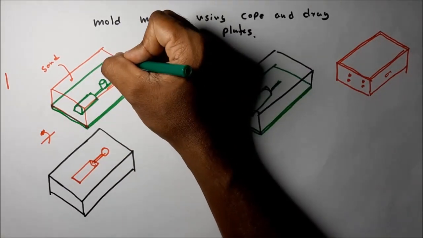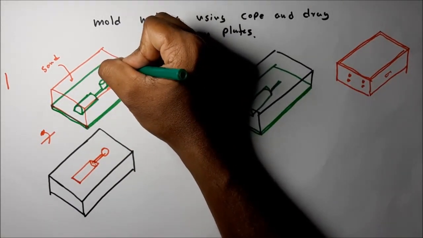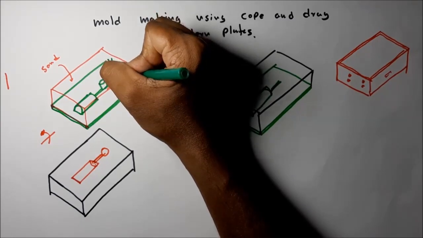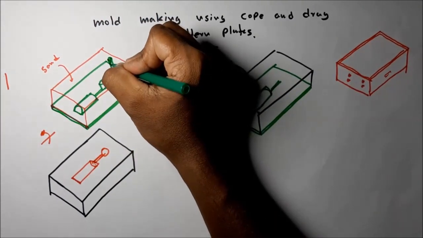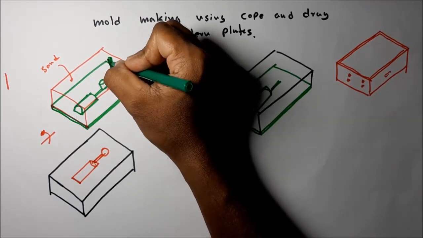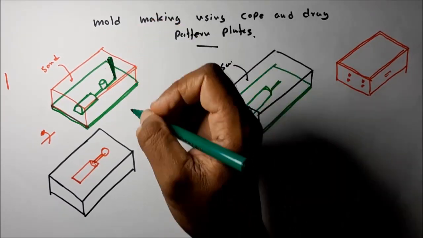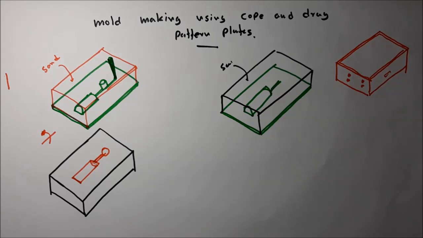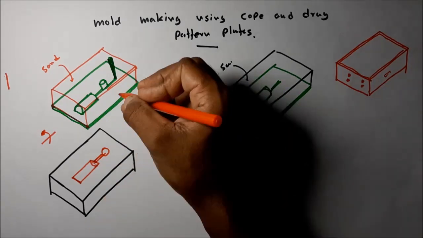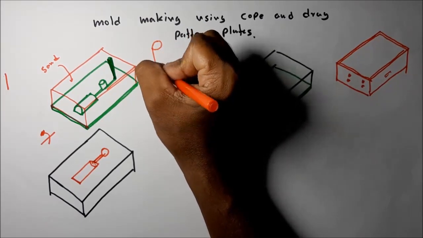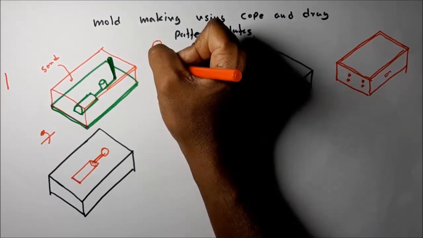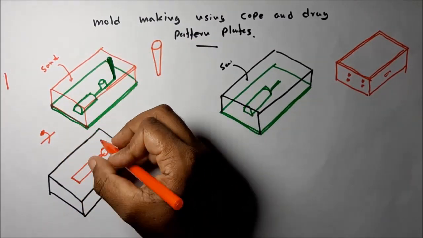Before compacting, the sprue has to be placed. The sprue is separate from the pattern plate, because we have to use this kind of conical pattern to generate the sprue. So remember that, it is a separate one, separated from the pattern plate.